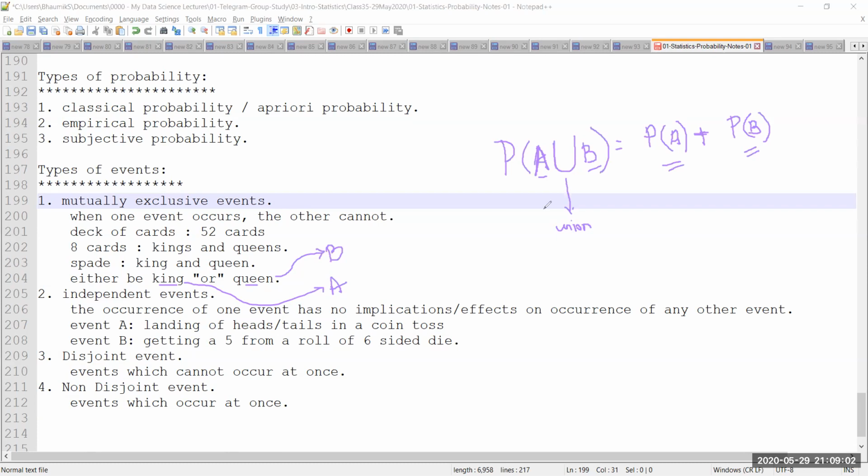Let me put this in a different way. This rule says the probability of the union of A and B, where I am trying to make sure that A and B occur at the same time. Maybe I'm going to do two experiments: one experiment to produce A and one experiment to produce B, done simultaneously.